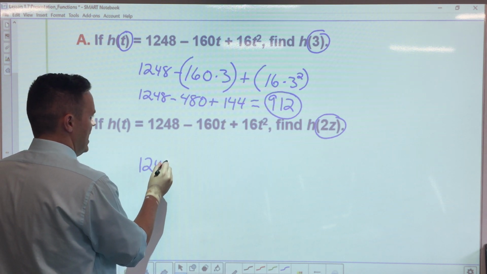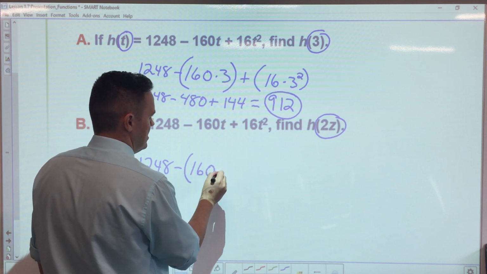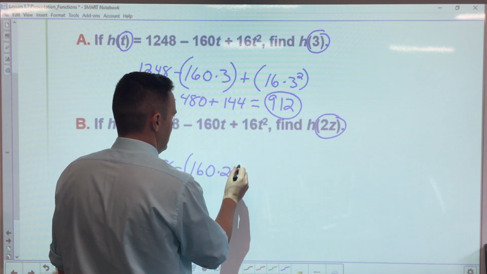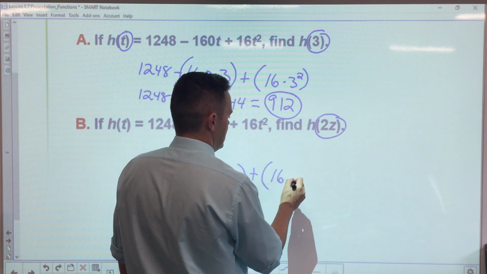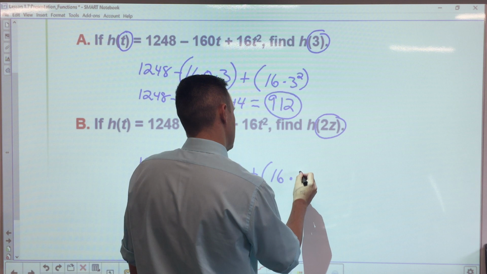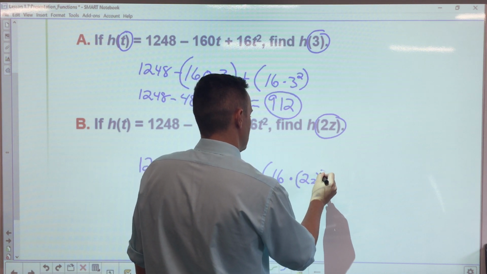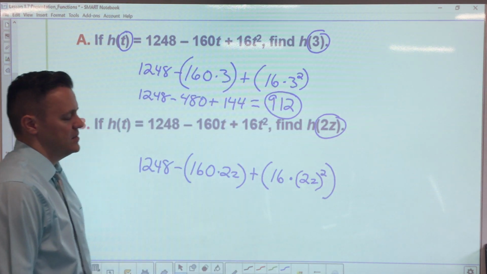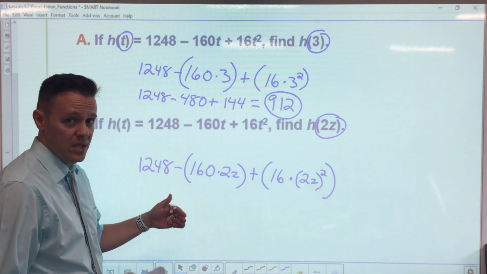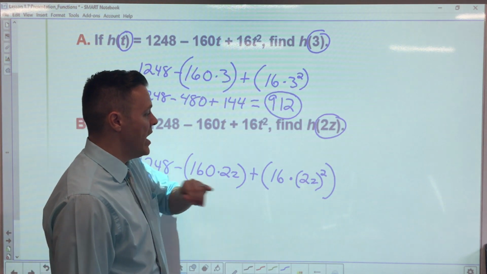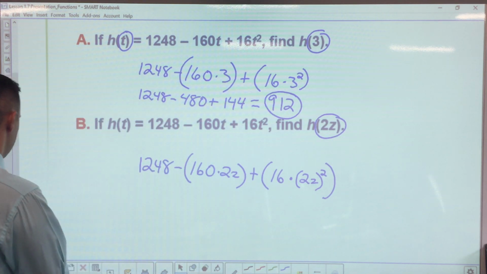So 1248 minus, put a bracket, 160 times 2z plus another bracket, 16 times, and this is going to get slightly complicated, 2z squared, close the bracket. Okay? That's how you should write that one out, because you need to understand what you're doing to each order of operations. Now, what's ironic is that we haven't learned some of the exponent parts, but I'll teach you that right now, kind of on the cusp, okay?